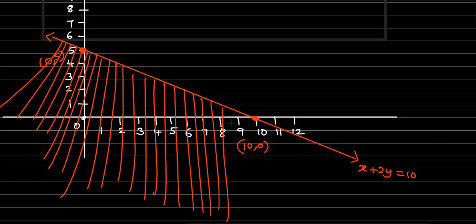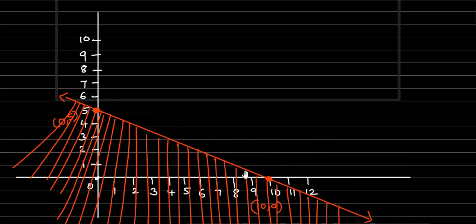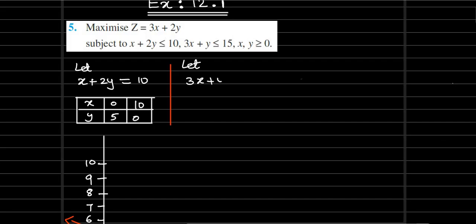Similarly, we need to identify the solution space for the second inequality, with the same process. We consider the given inequality as an equation. The second inequality is 3x + y ≤ 15. Consider it as the equation 3x + y = 15.